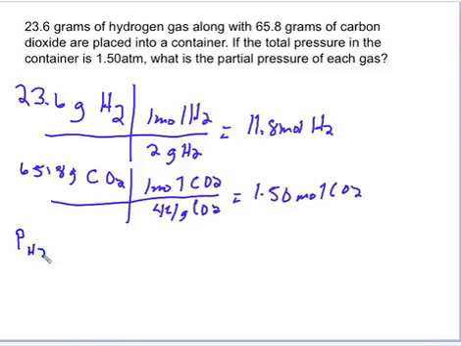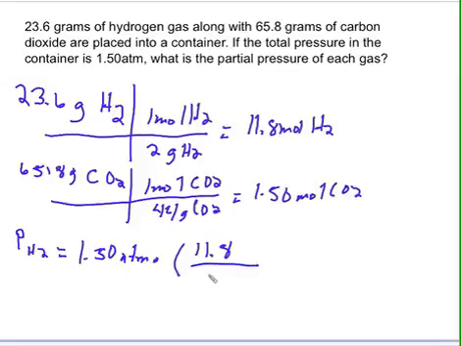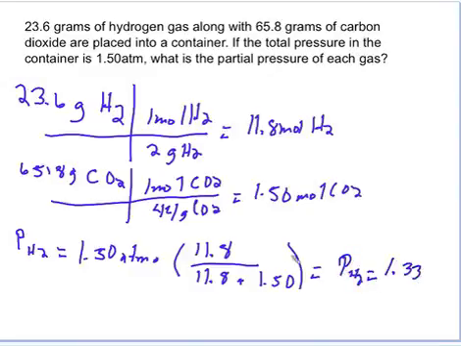Let's say H2. We're going to take the total pressure, which is 1.5, and multiply that times the mole fraction of hydrogen, so it'll be 11.8 divided by 11.8 plus 1.50. And if you do that, you get that the pressure of hydrogen is equal to 1.33.